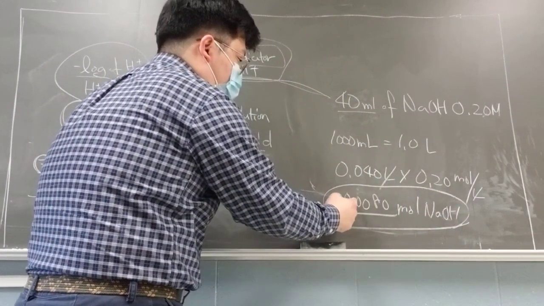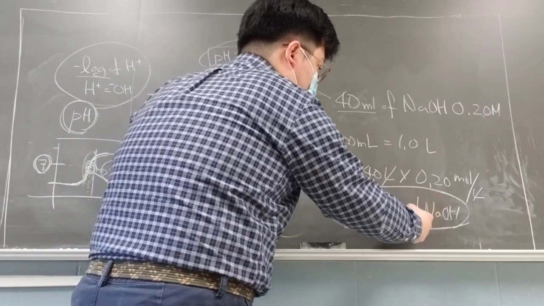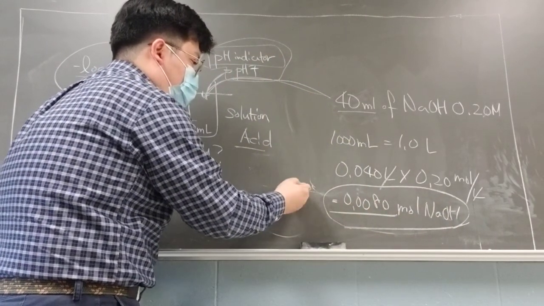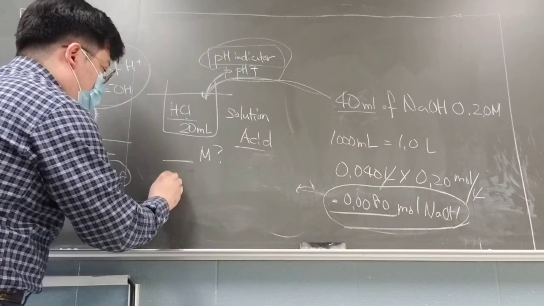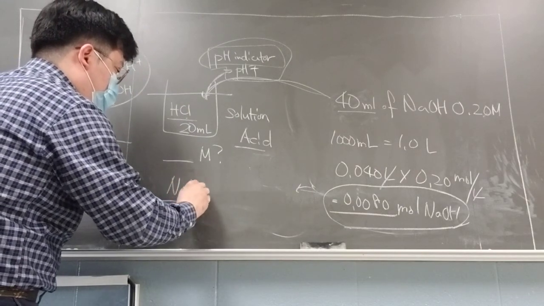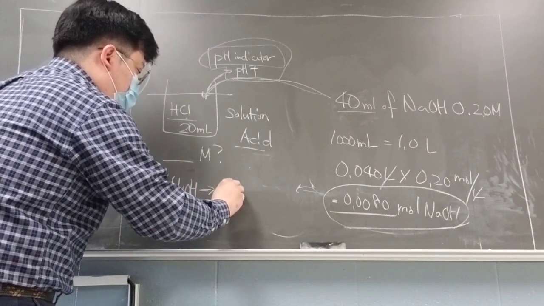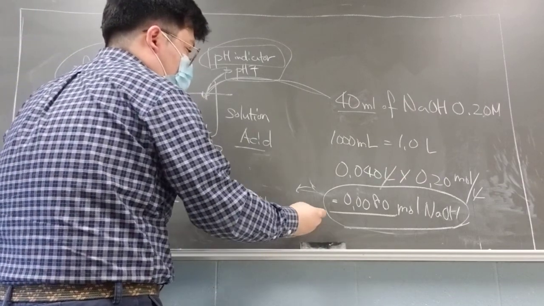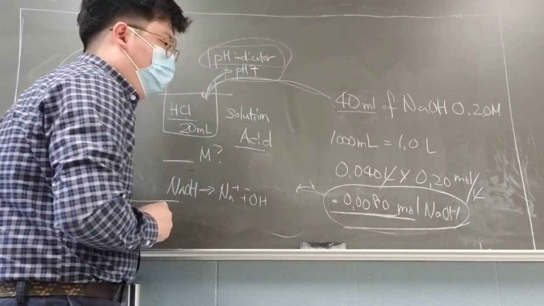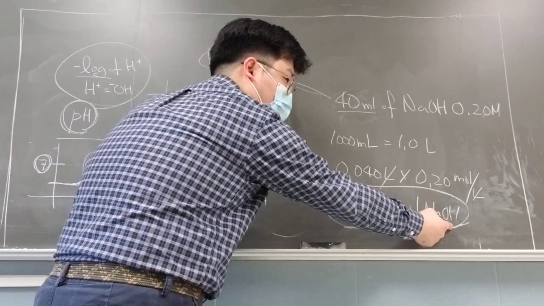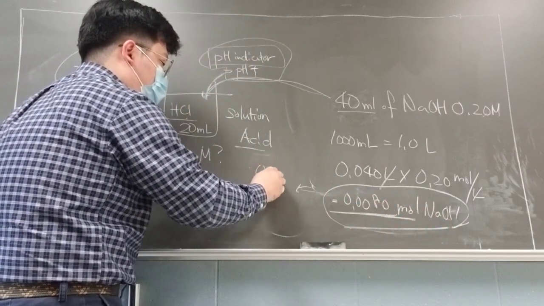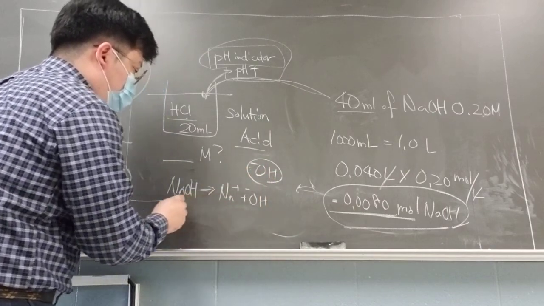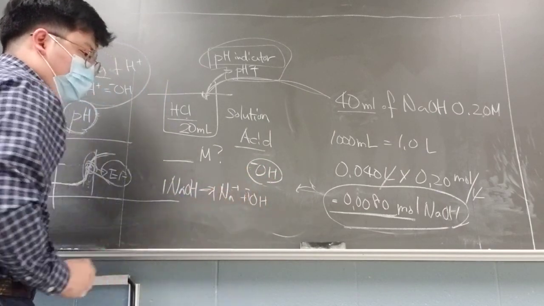Okay. So if you have 0.008 moles of NaOH, the NaOH becomes Na plus and OH minus, right? So you can also say the same number of moles of OH minus will also be there, because this is 1 to 1 to 1.